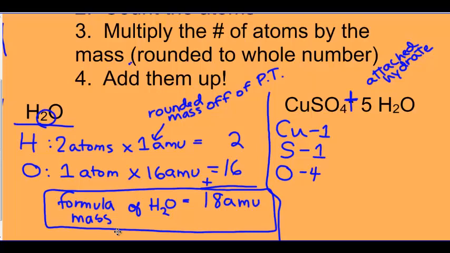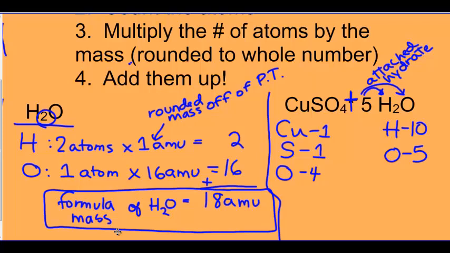Then I go over here to my water, and I'll list my H and my O. Okay? Now, remember when we were balancing equations, if you have a coefficient in front, it gets distributed to the H, so 5 times 2 gives you 10 H's, but it also gets distributed to your O's. 5 times 1 gives you 5 O's.